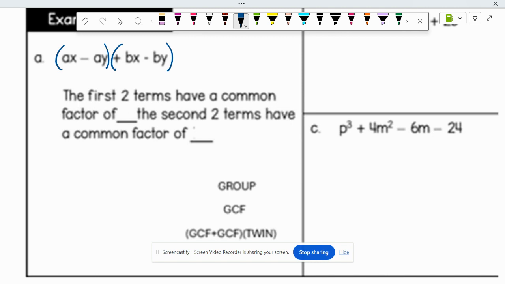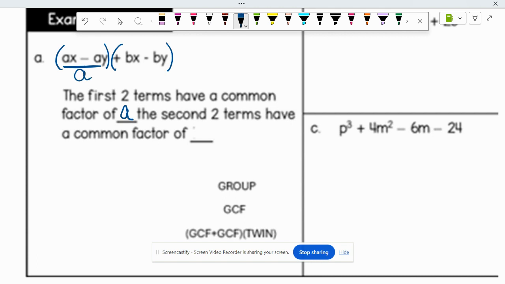Step number 2, I have to find a GCF for each grouping. It says the first two terms have a common factor or a GCF of what? Of A. So I'm going to put that on the blank here.